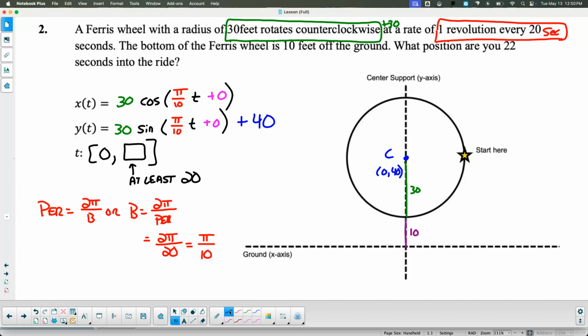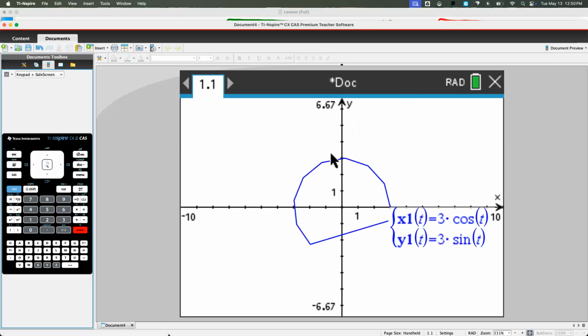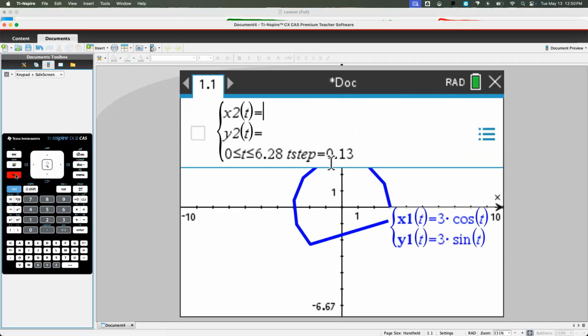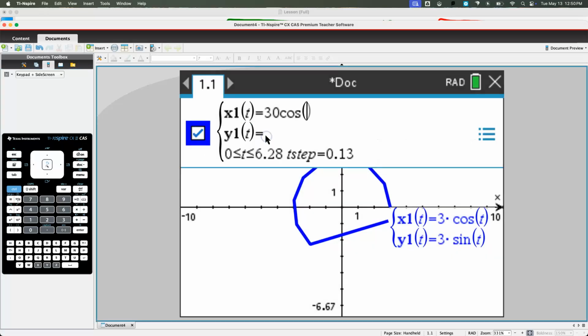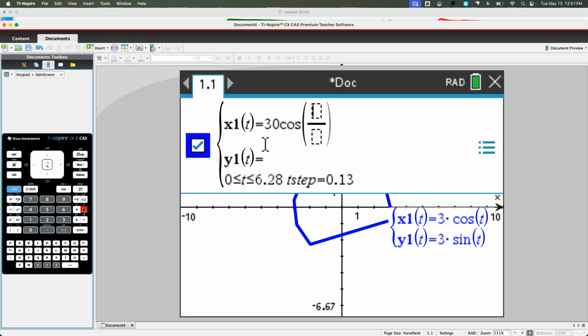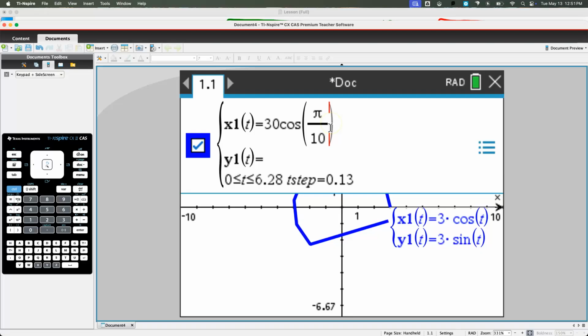Okay? All right, so let's graph this thing. I'm going to go back here into this one, and I'm just going to clear it all out. Resets it all. So my x of t was, again, 30 cosine of, make a fraction with control divide, pi over 10 t.